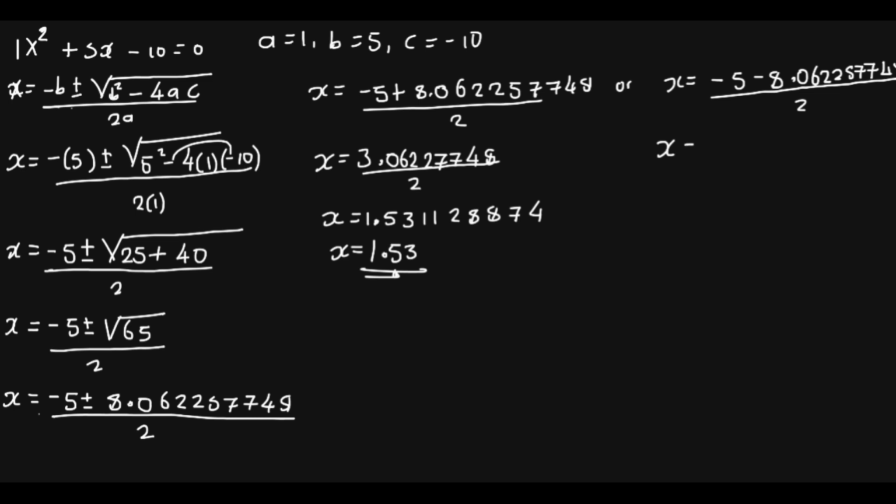Let's deal with this one. So this will give us -13.062257748 divided by 2.